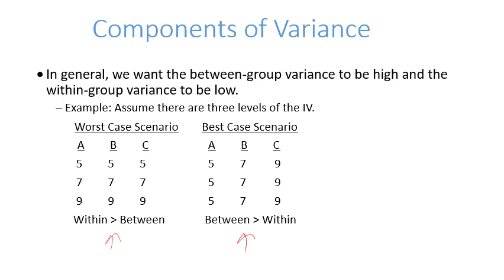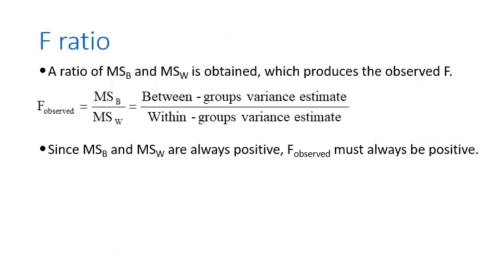So you can kind of get to what we're going to do with F here, because F is a ratio. F is a ratio of our between group differences to our within group differences. And the higher our F value, the larger the ratio of our between to our within. Let's look at that then.